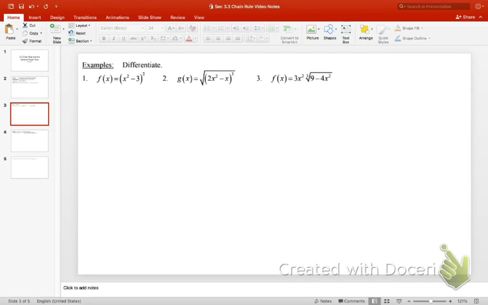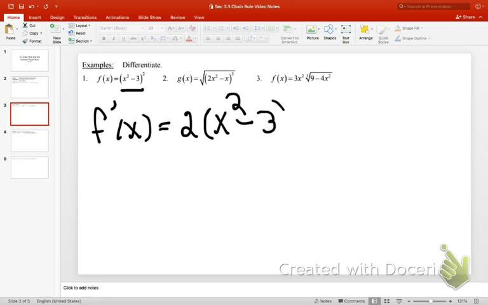In this first example, f of x is (x squared minus 3) all to the power of 2. We're not able to apply the power rule because we have more than just an x raised to a power, so we're going to use the general power rule here. f prime of x is: bring your power down, just like we do with the regular power rule, but here we leave the inside like it is, power minus 1, and then we take the derivative of the inside, that hook-on factor.